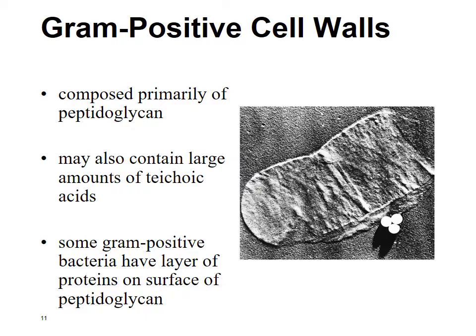Pictured here, we can see an isolated cell wall from the soil bacteria Bacillus megaterium. And just to get some idea of size, just note these latex spheres, which are 0.25 microns in diameter.